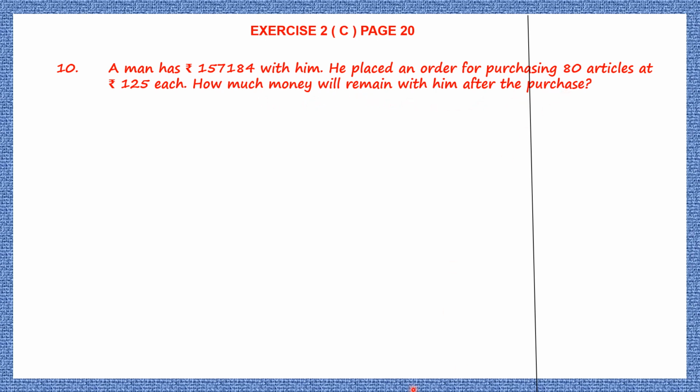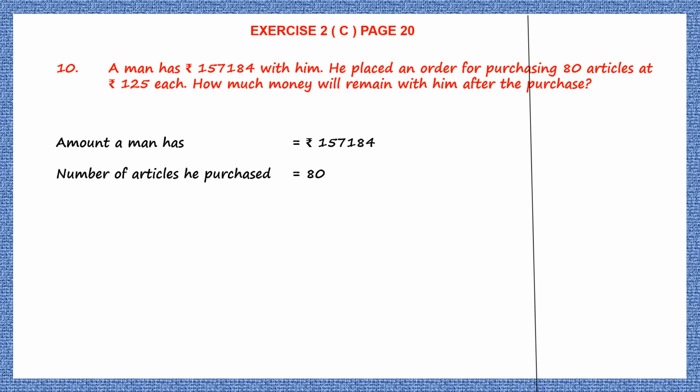So let's begin our statements. The first one, amount a man has: 1,57,184. Now the number of articles he purchased? He purchased 80 articles and the cost of one article is 125 rupees. All this is given to us in the question.